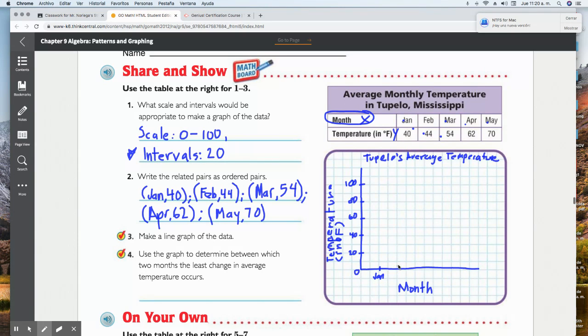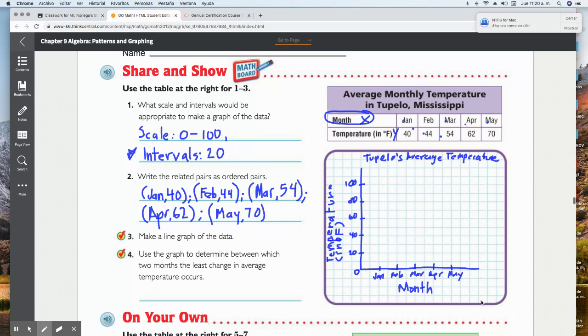Skip a line and write February. Skip another line and write March. Skip another line and write April. Skip a line and write May. All right.